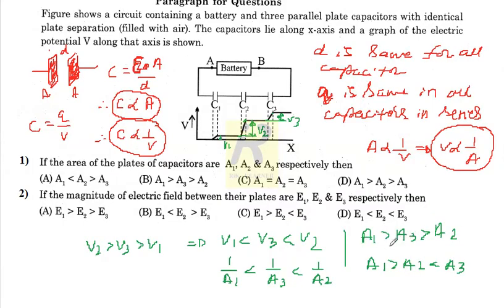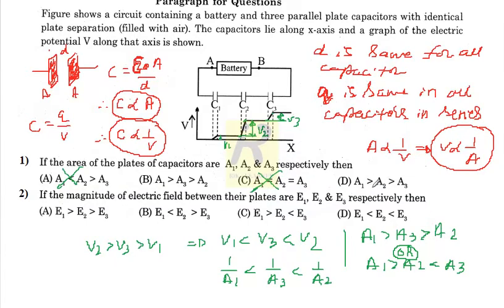Now let me check which one is true, whether they have given this result or that result. A1 is greater than A2 in our answer, but here it is given as less than, so it is wrong. A1 is greater than A3 is said here, and it is right. A1 is equal to A2, nowhere did we get this, so this is wrong.